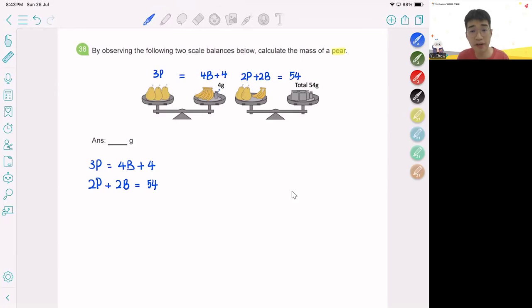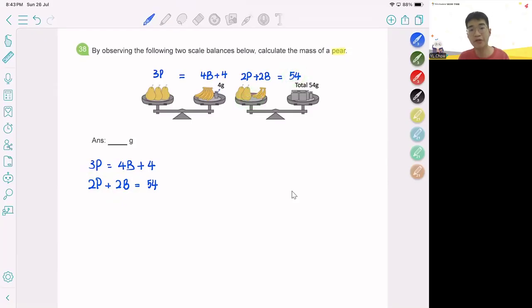There are, of course, a lot of ways to manipulate the equations, but I'm going to take a look at the second equation first. You realize that I have 2 pears and 2 bananas. It's as if I have 2 sets: 1 pear, 1 banana, another pear, another banana. And 2 such sets have a total mass of 54 grams.